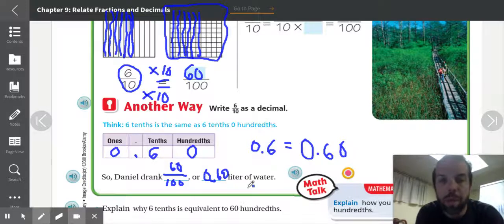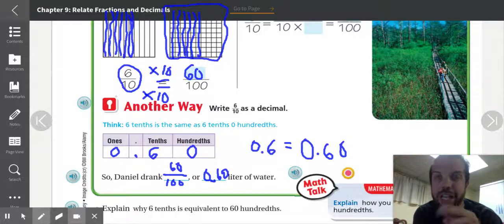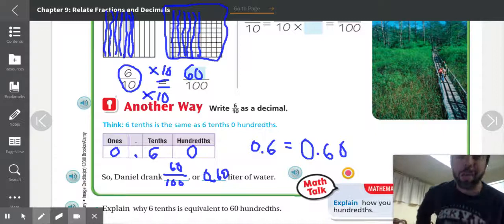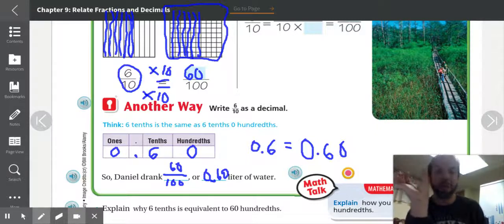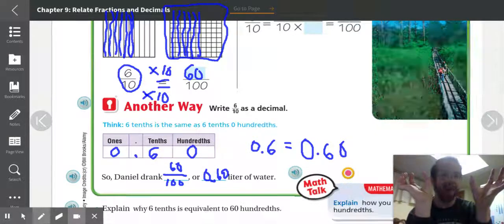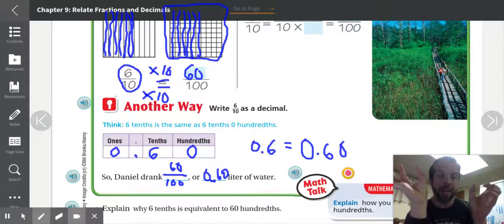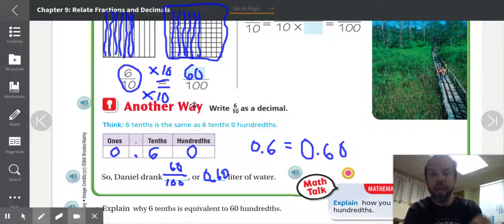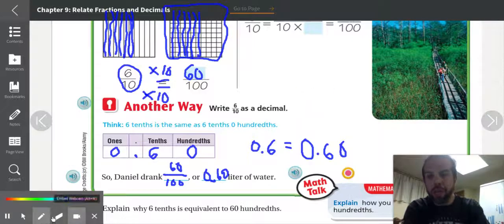Excuse my phone for buzzing. All right. So that's going to be key, making sure that we multiply. And here's a tip for today's lesson, guys. You're always multiplying by 10 because your denominator is going to be 10 and you're going to 100 every single problem today. So 10 always times by 10. Okay. All right. Let's go to the next page.